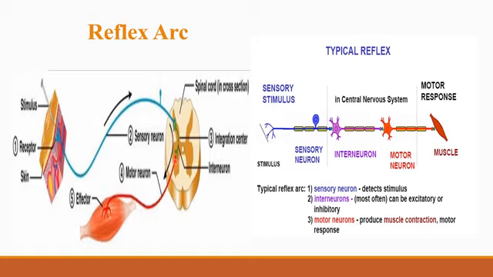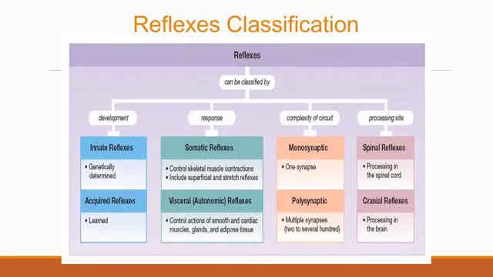Here it has only one synapse. From this again the efferent or motor neuron passes out and supplies the effector organ, that will be the muscle. So this complete circuit is called the reflex arc: the stimulus, sensory neuron, interneuron, motor neuron and the muscle.